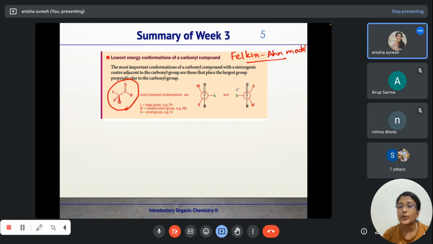If the largest group is coming perpendicular on this side, the smallest group will be near the carbonyl and the medium group will be away.